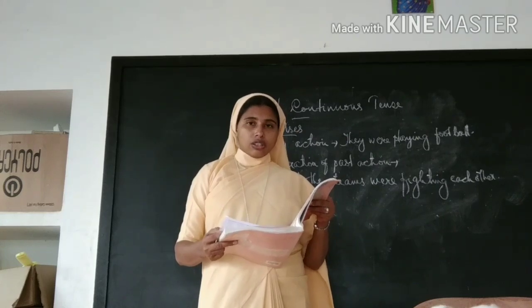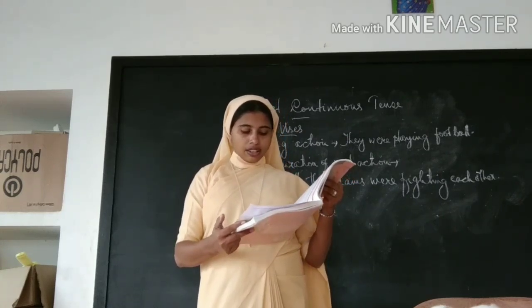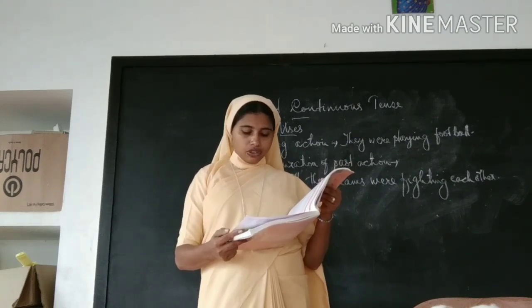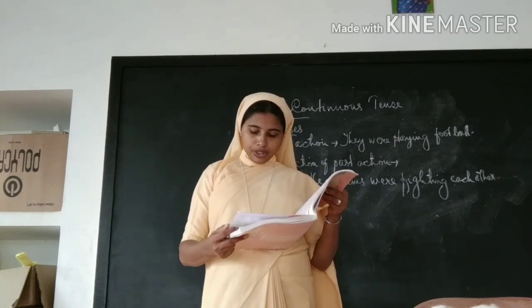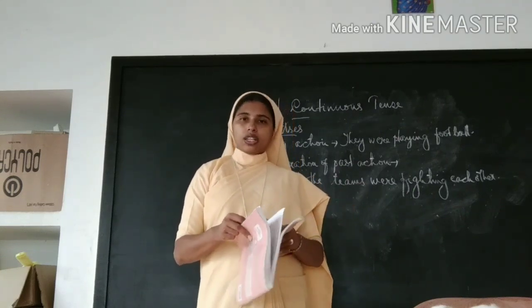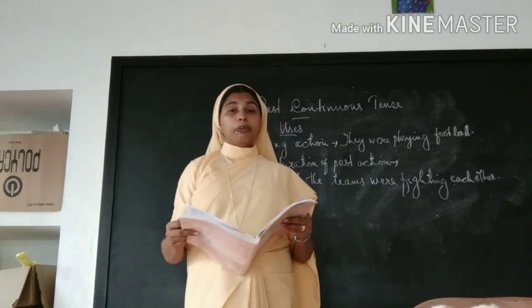So please leave that exercise. Take page number 63 and the last exercise. Complete the following sentences with correct forms of verbs given in brackets. All of it is simple past only, so use the correct form of the verb, the simple past form.